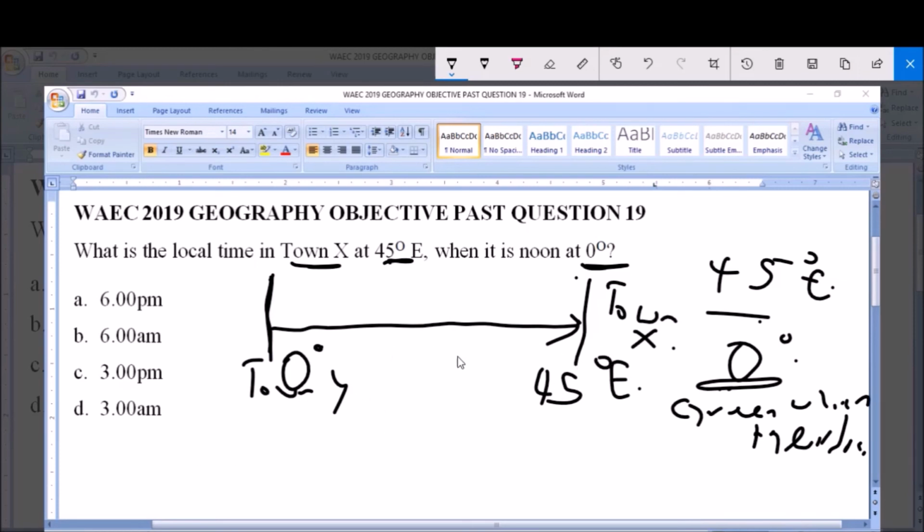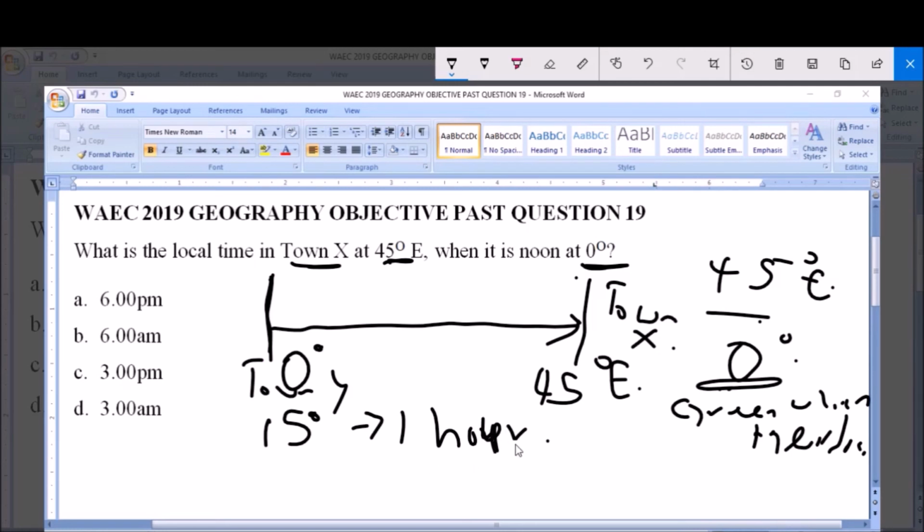Now, in order to find this, we need to remember the fact that 15 degrees in longitude represents 1 hour. So for every 15 degrees you move in longitude, the time differs by 1 hour.